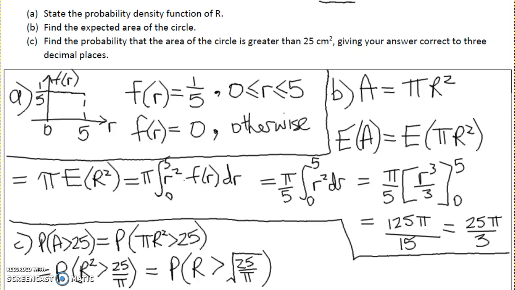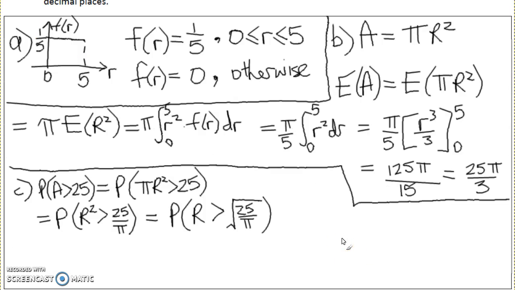If we go back to our drawing in part A, we'd find the decimal that is the square root of 25 over pi, and the chance that r is greater than that will be the area to the right.